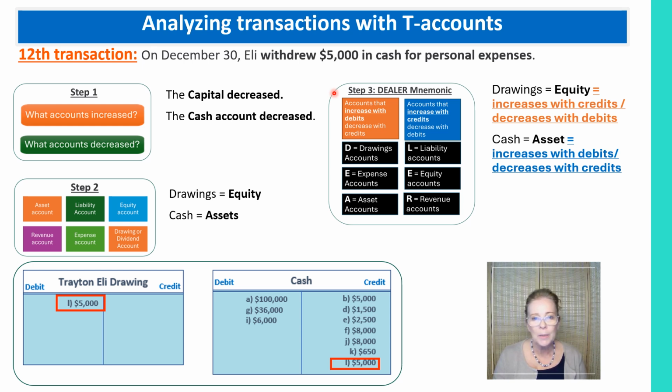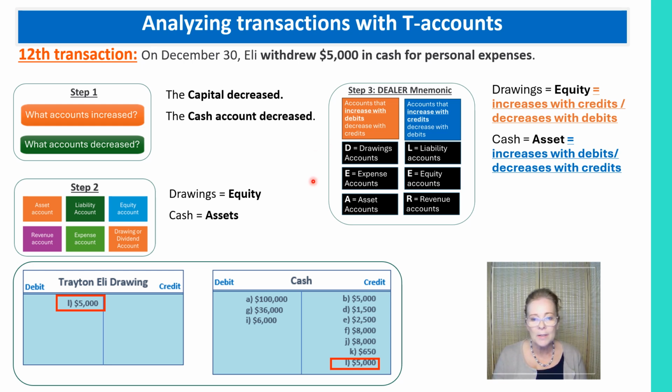We'll find equity accounts in the graph, and it tells us that equity accounts are on the right side and that equity accounts increase with credits and decrease with debits. The owner's capital decreased, and therefore we have to decrease the capital with a debit in a special account called drawings.